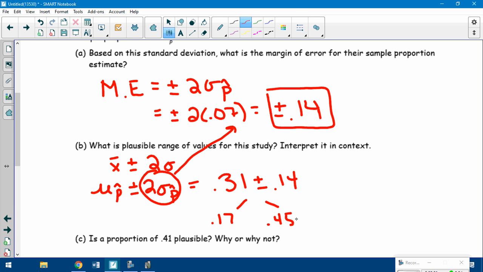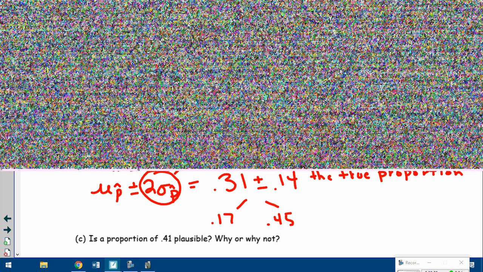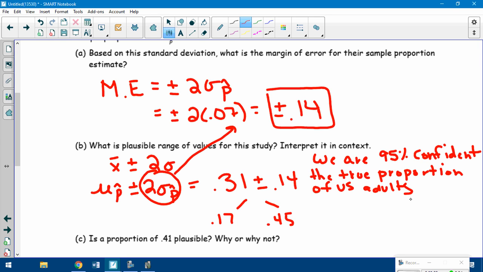Okay, so interpreting that, we could say we are 95% confident that the true proportion of US adults who favor Coke is between 0.17, so 17% of adults, and 0.45, 45% of adults.